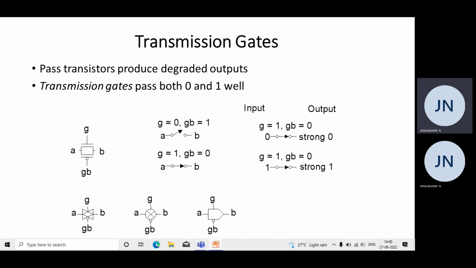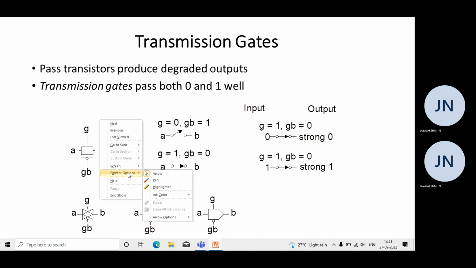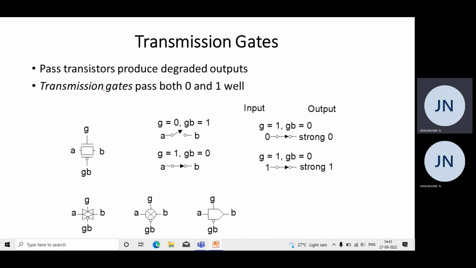A transmission gate is a parallel combination of NMOS and PMOS transistors that realizes a simple switch. So here you can see the transmission gate consists of a combination of NMOS as well as PMOS transistors that acts as a simple switch.